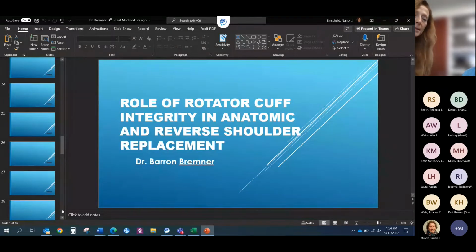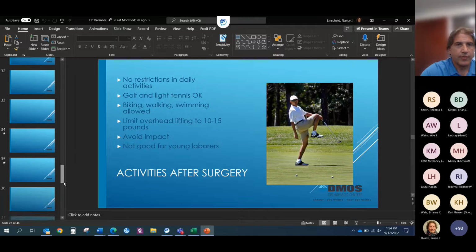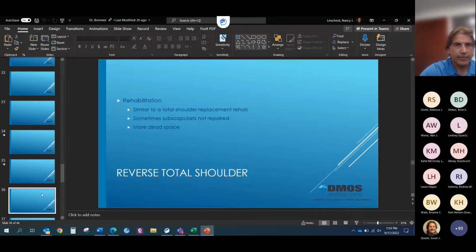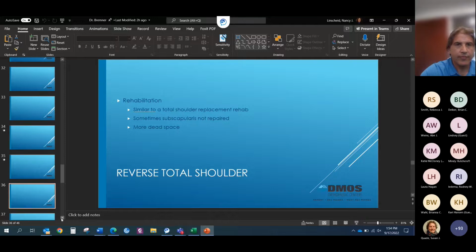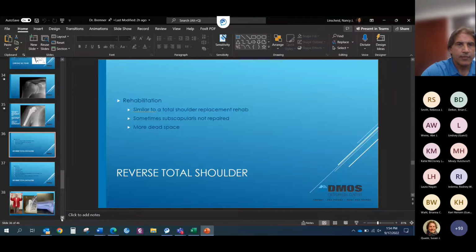Hey, thank you so much. Do you know how to load it? You want to go to view, then slideshow, and maybe do from current slide once the slide pops up. All right, are you guys seeing anything here? Can you guys see the screen?